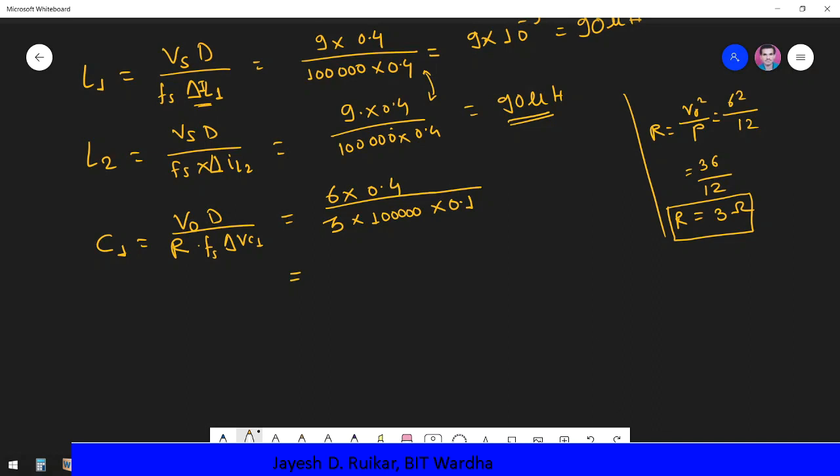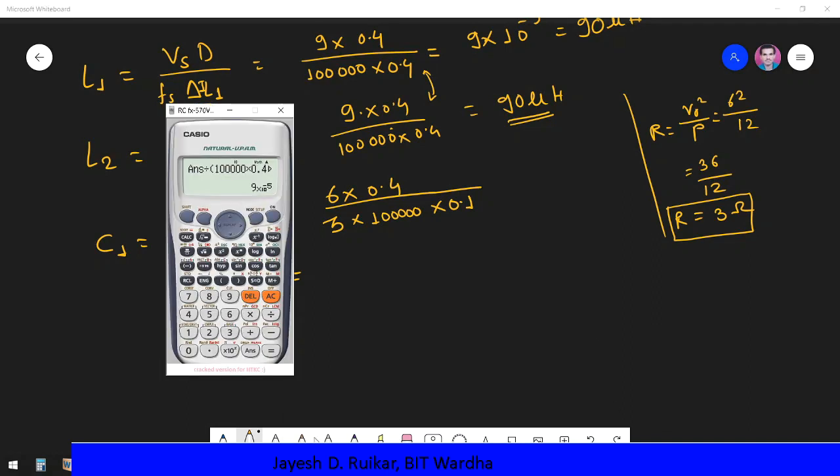We'll calculate now with the help of the calculator: 6 multiplied by 0.4, divided by 3 ohm multiplied by 1 lakh multiplied by 0.1.